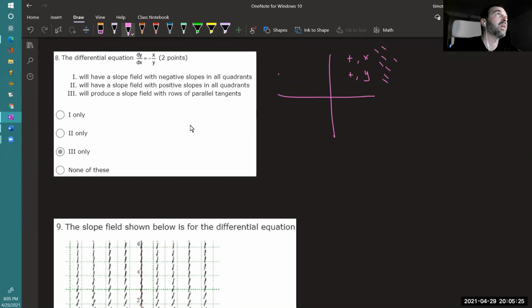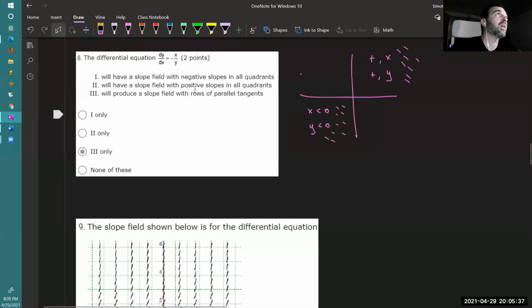And over here where x is less than 0 and y is less than 0, I'm also going to get negative slopes, right? But over here, it's actually going to have positive slopes, and positive slopes here as well, okay? And so in the end, neither of these first two are correct, okay?